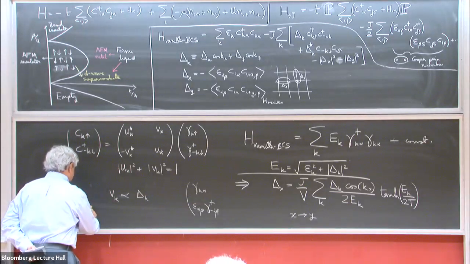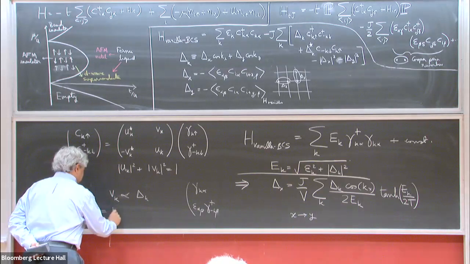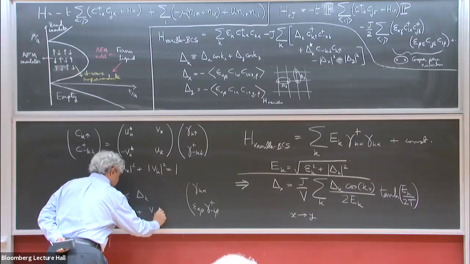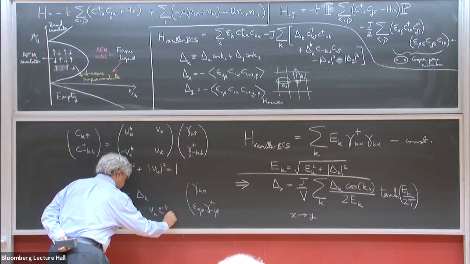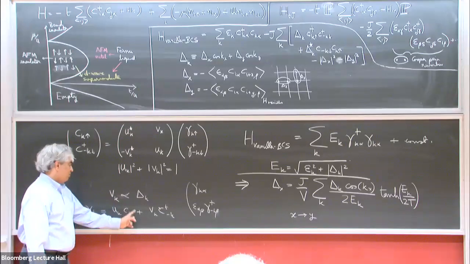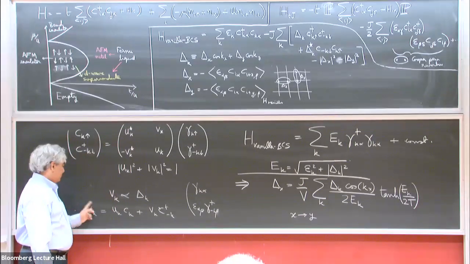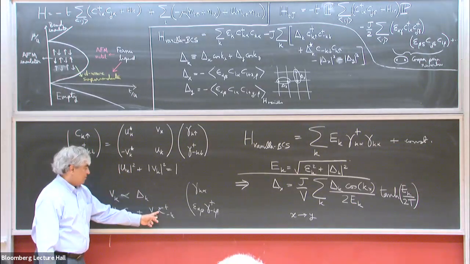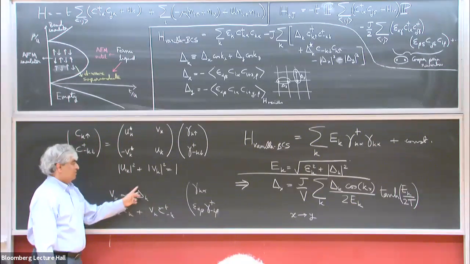And the relationship then is gamma K is something like U K C K plus V K C dagger minus K. So here you're removing an electron. That's the gamma K operator, but there's another term where you're adding an electron. But the V K is proportional to delta K.